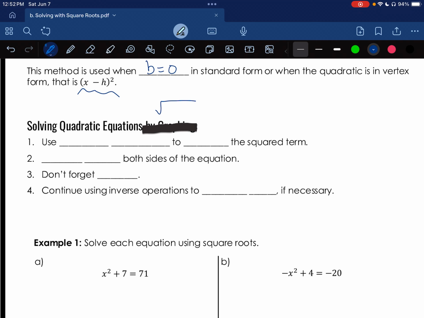So solving with square roots. Yikes, did I mess up any of the other ones? Sorry, I'm just looking at my notes now because I'm doubting myself. Yeah, alright, I think I'm good. Okie dokie.